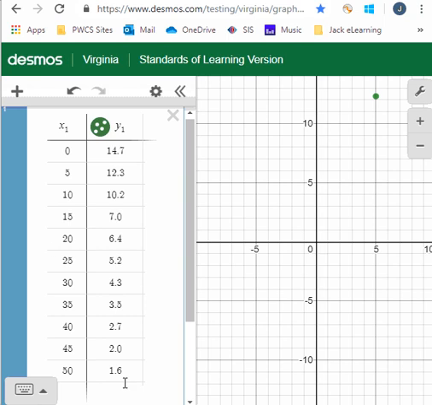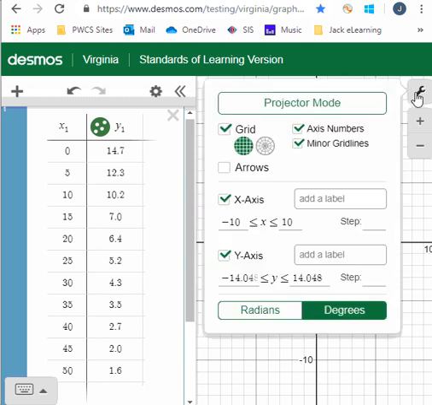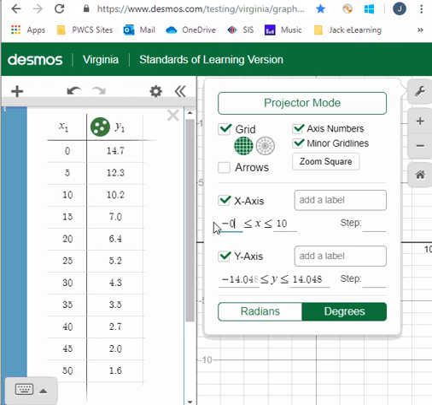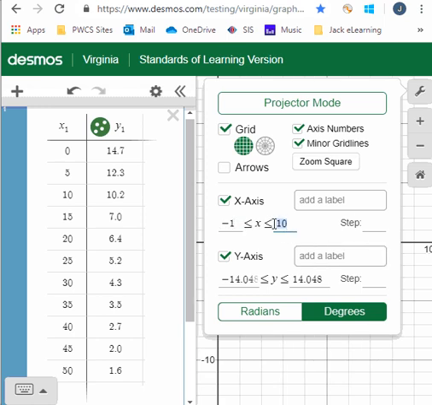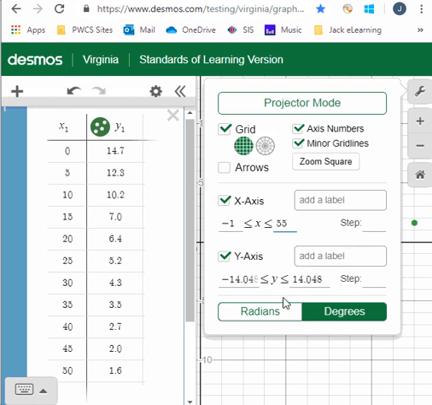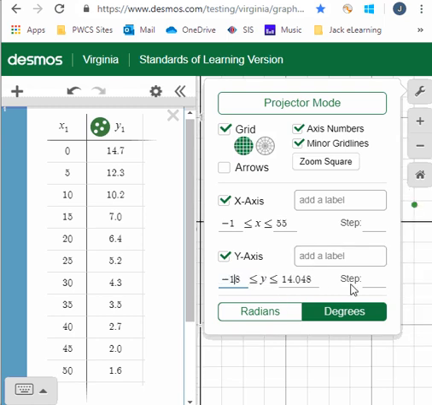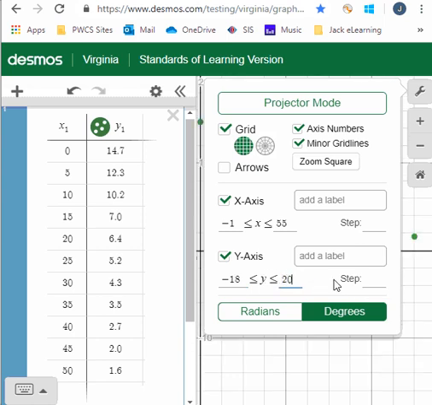And once our data is entered, we again can go ahead and adjust the window so that we can see the values we're interested in. We can go from -1 to 55, and this one looks like we'll go from -1 up to, let's go to 20.